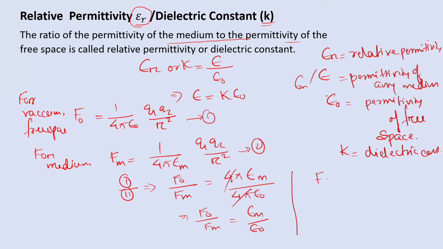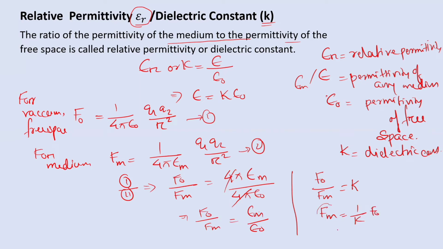This is the ratio of medium to free space, which is denoted by k. So for medium, Fm equals 1 by K F naught.